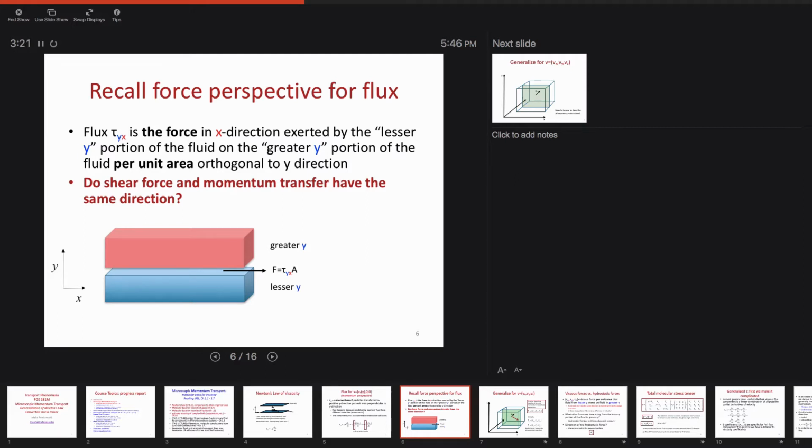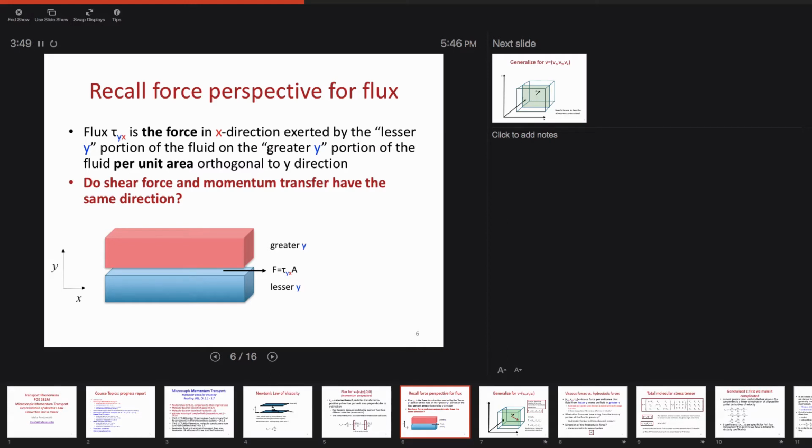But in reality, I might have x momentum, y momentum, and z momentum, all of which could transfer across this plane. So in a general case, I have a velocity field with components x, y, z. As long as I have differences in those vx's, vy's, and vz's, I can transfer them across this y plane.